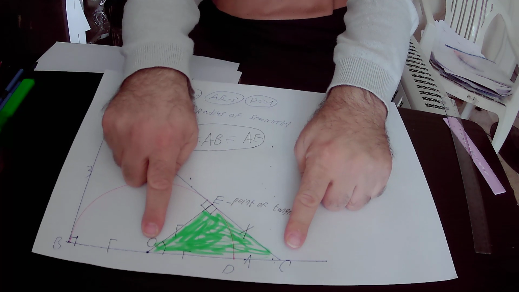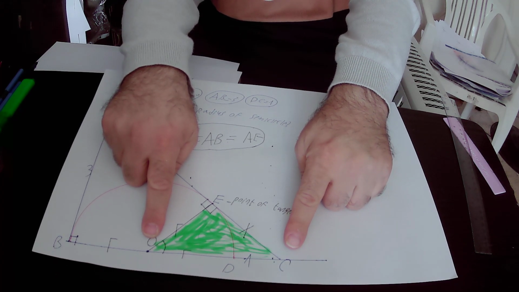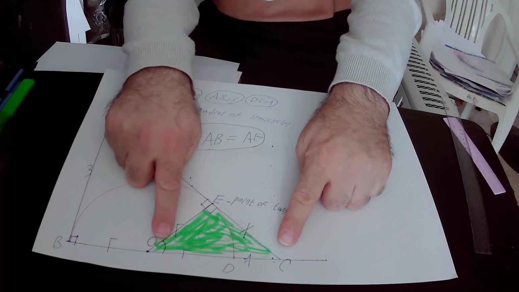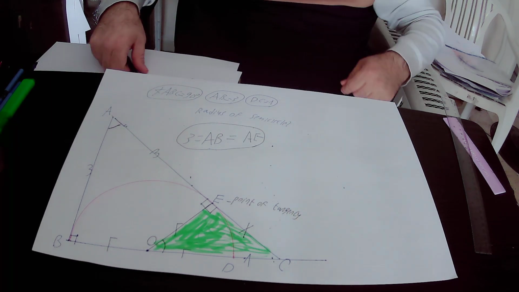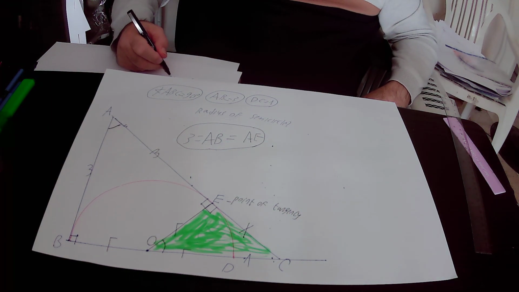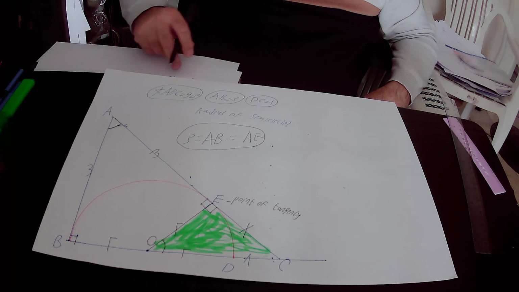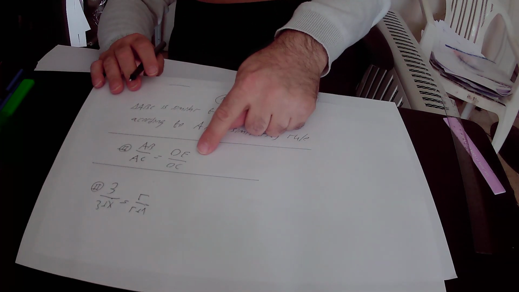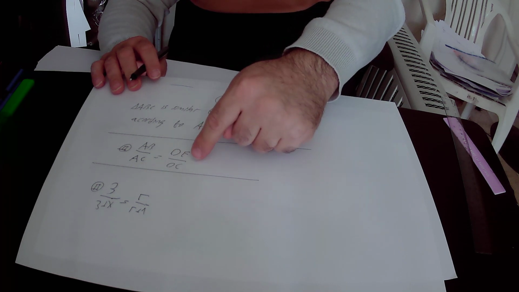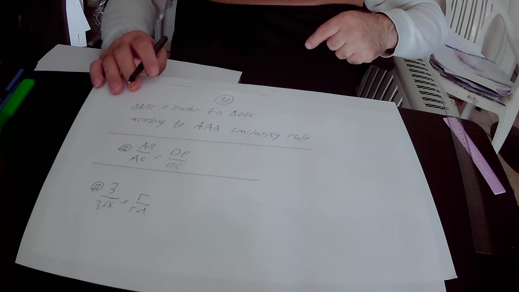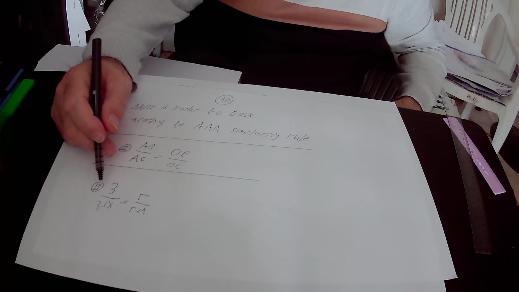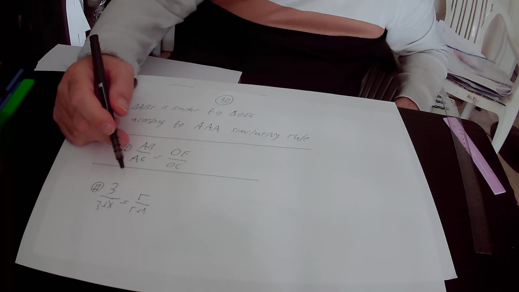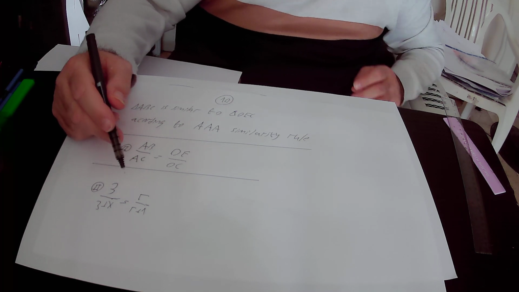The value of OC is actually R plus 1. So OE equals R and OC equals R plus 1, and in total we get that 3 over 3 plus X equals R over R plus 1.